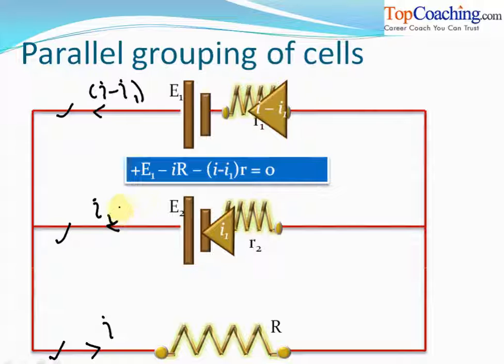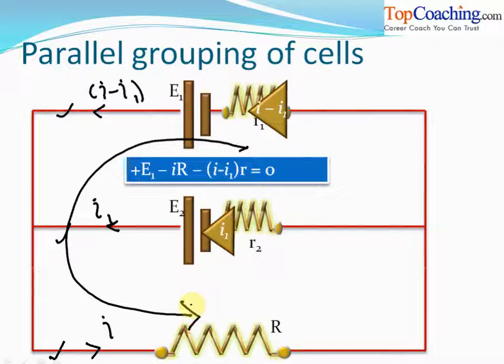So that is the reason we can apply this particular equation for the loop consisting of battery E1 and resistance R, in this direction. Plus E1 minus I into R minus I minus I1 into r1 equal to 0.